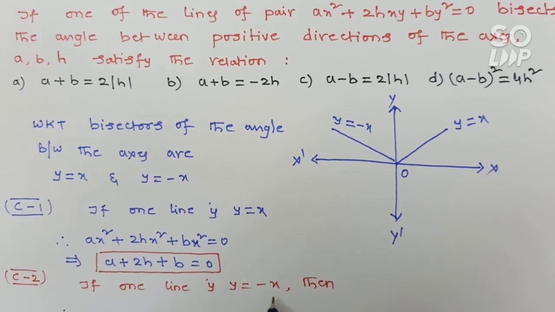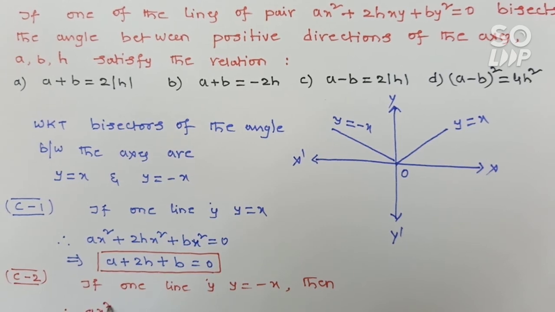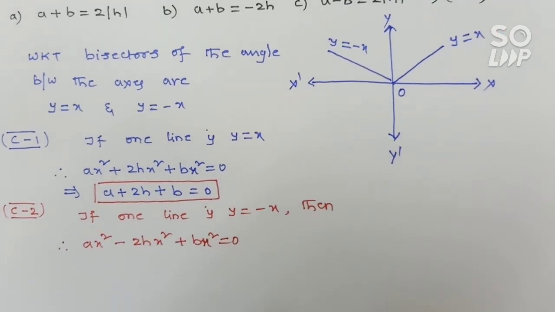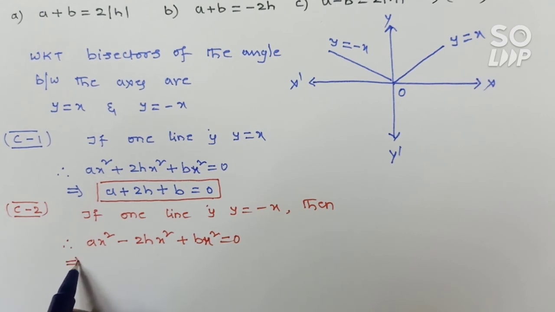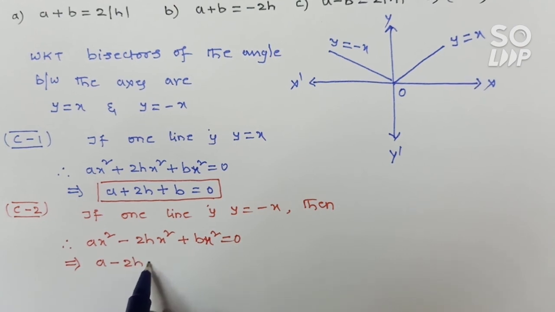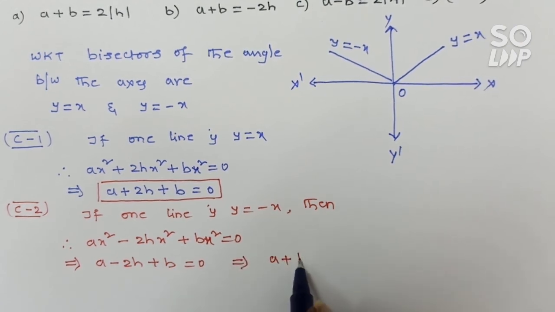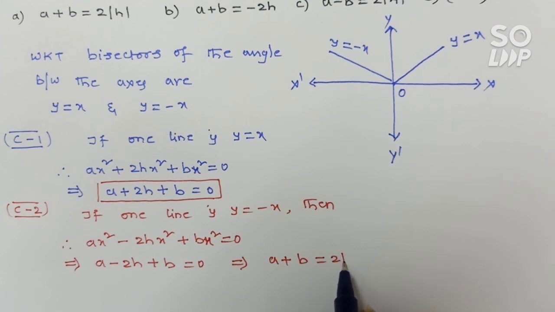Therefore you replace y with minus x: a into x square minus 2h into x square plus b into x square is equal to 0. Now dividing by x square, a minus 2h plus b is equal to 0. From this we can write that a plus b is equal to 2h, which is one relation.